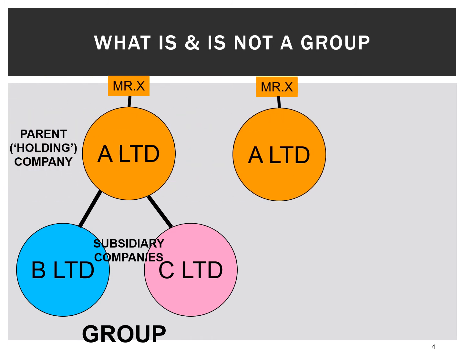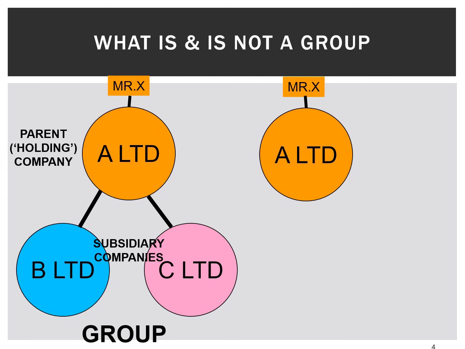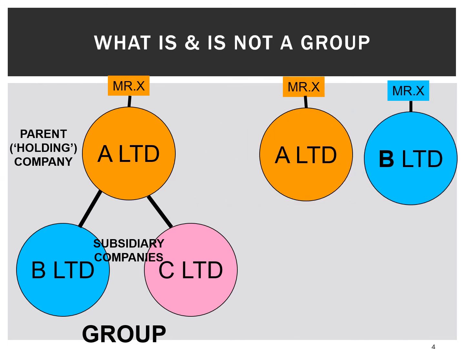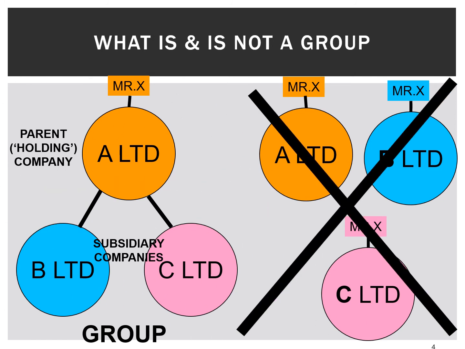So Mr. X has control over all three indirectly, and that constitutes a group of companies. Now it's possible that Mr. X might own the shares in A Limited and own the shares in B Limited directly, and also own the shares in C Limited. Now in either of these two cases, Mr. X does own all three companies one way or another. But in the second example here, that does not constitute a group.